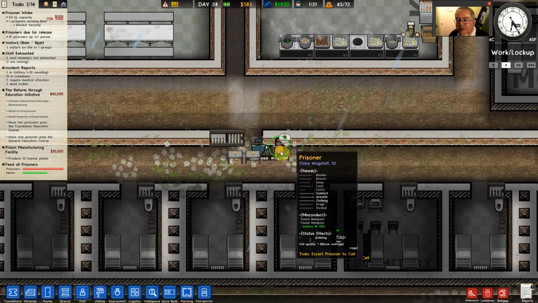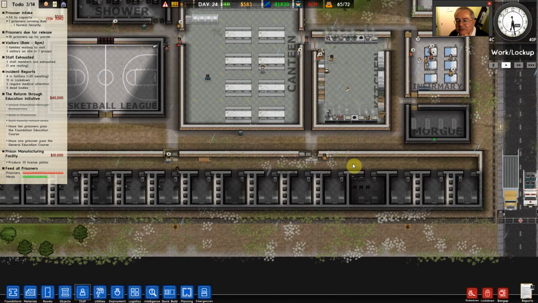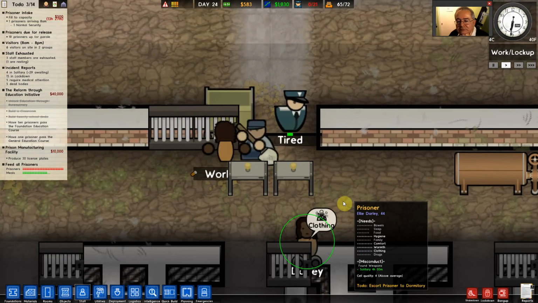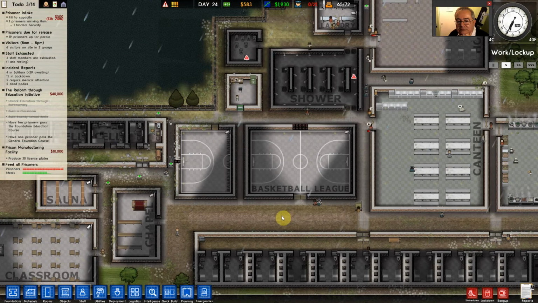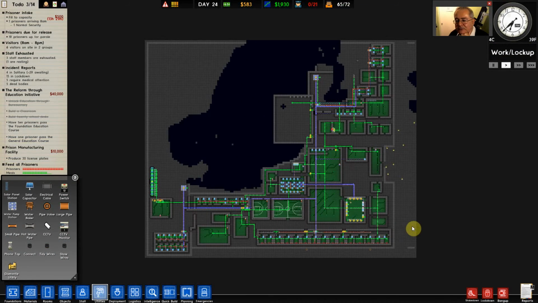Can you escort this prisoner? No, okay. Apparently not. Is there anywhere that has not got electricity now? No, it's all lit up. Everything is green.